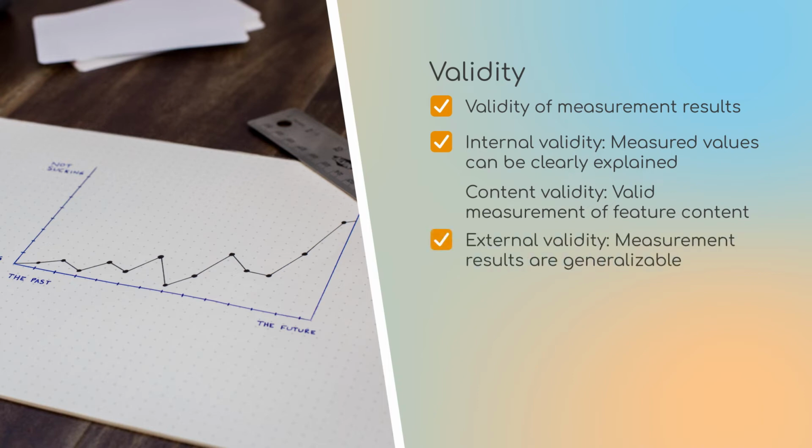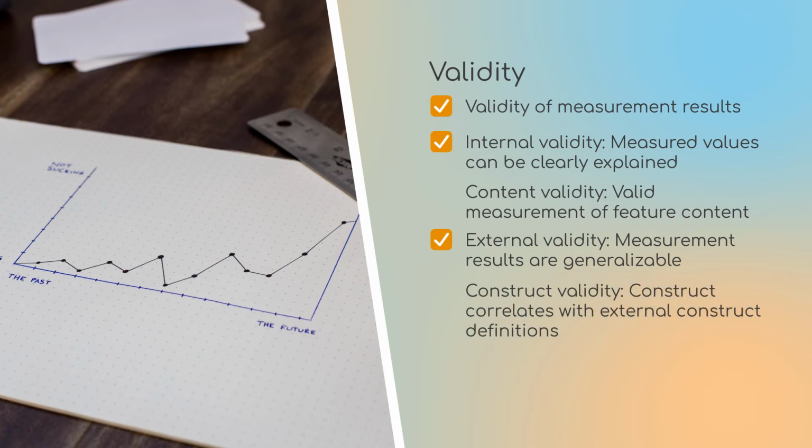External validity means the generalizability and representativeness of the measurement results. The results are therefore externally valid if they are also valid outside a specific study and can be transferred to other situations, persons, and points in time. Subcategories of external validity are construct validity and criterion validity. Construct validity means the consistency of a predefined theoretical construct, such as customer trust, with existing similar construct definitions from other research.